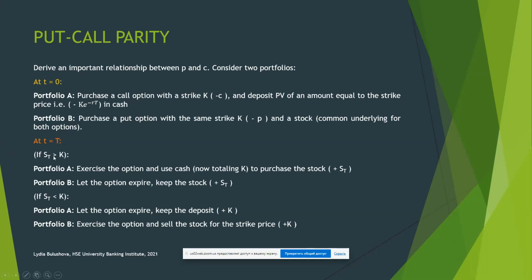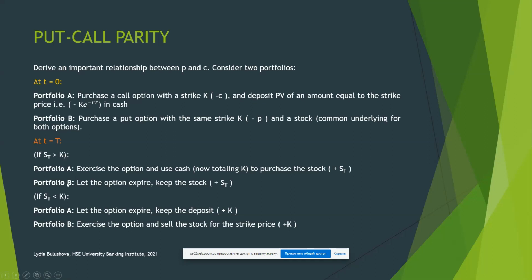So if this stock price is above the strike level, the first portfolio, the call and cash, results in purchasing a stock. I pay K units of money and I get something that costs S_T. This is something greater than K.